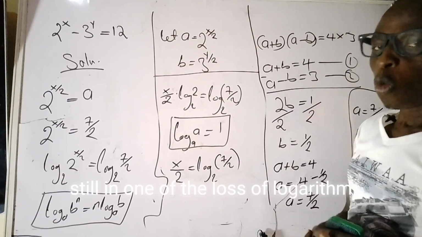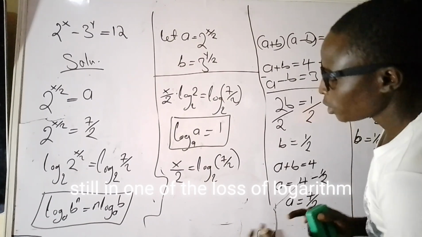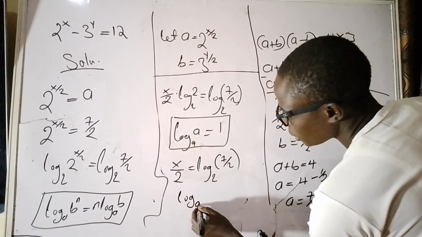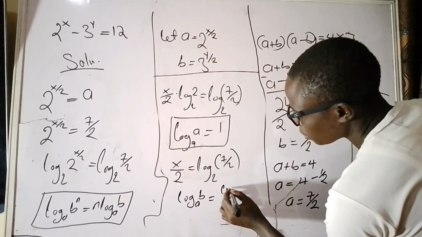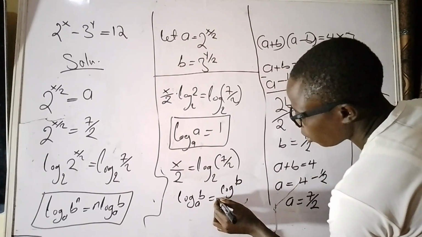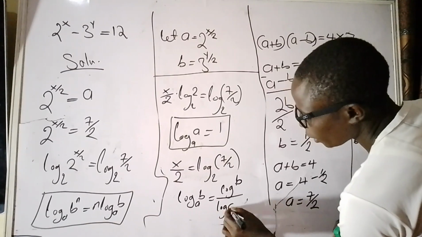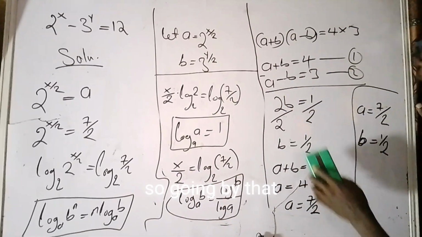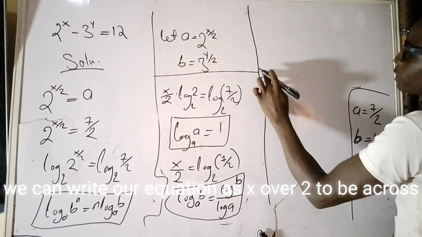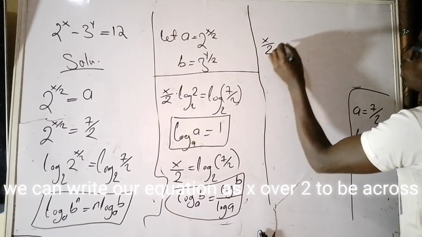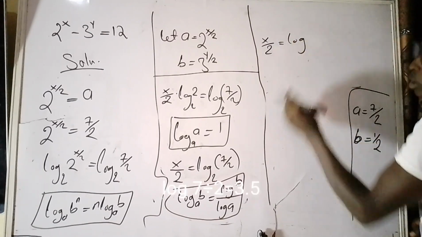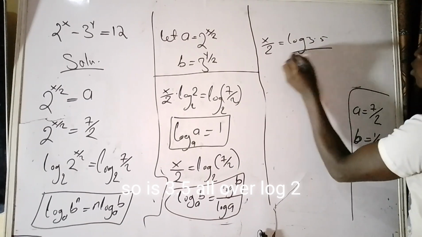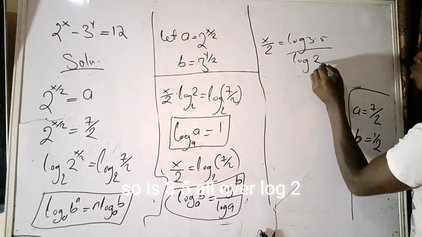Still, in one of the laws of logarithm, whenever I have log to base a of b, it is the same thing as log b over log a. So going by that, we can write our equation as x over 2 equals log of 7 divided by 2, which is 3.5, so it's log 3.5 all over log 2.